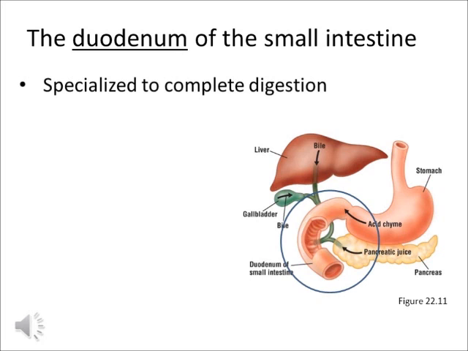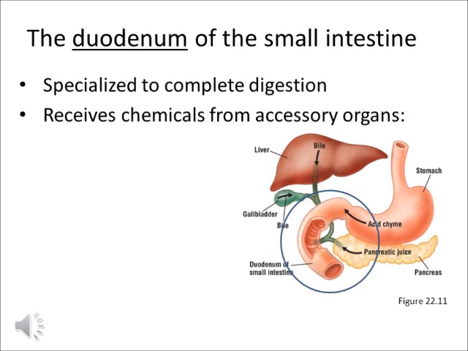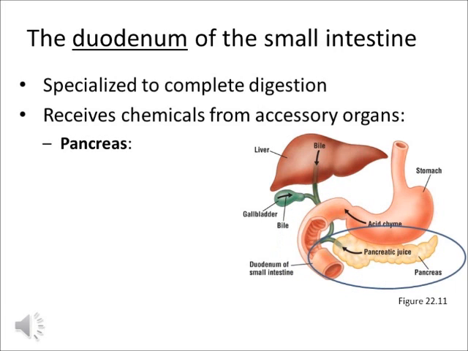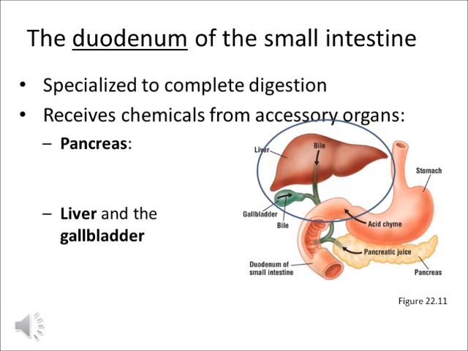In this part of the digestive system, biological molecules that remain after the mechanical and chemical digestion that occurred in the mouth and in the stomach are completely chemically digested into monomers, so they can actually enter the body by absorption farther in the small intestine. It is here that the rest of the accessory organs are involved in food processing. These accessory organs include the pancreas and the liver, which works with the gallbladder.